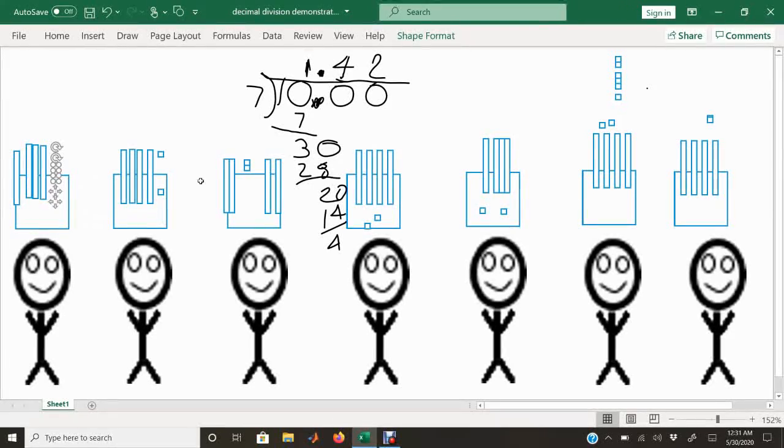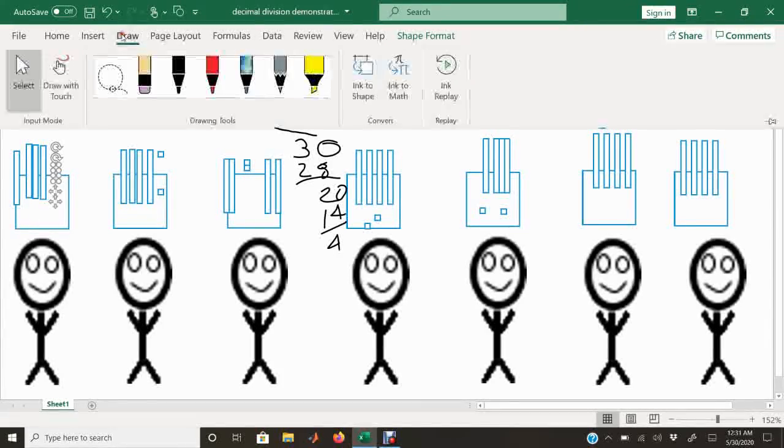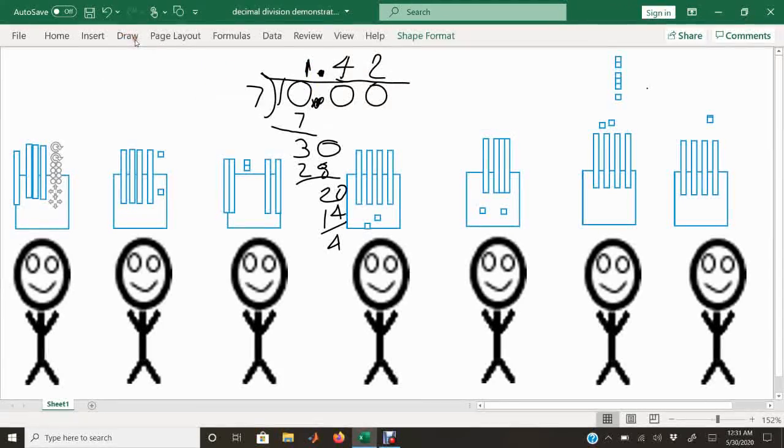And I have 6 left over. I wasn't paying attention. And if I distribute those 6, then I can say that everybody but one person gets 1 whole square, 4 tenths of a square, and 3 hundredths of a square.